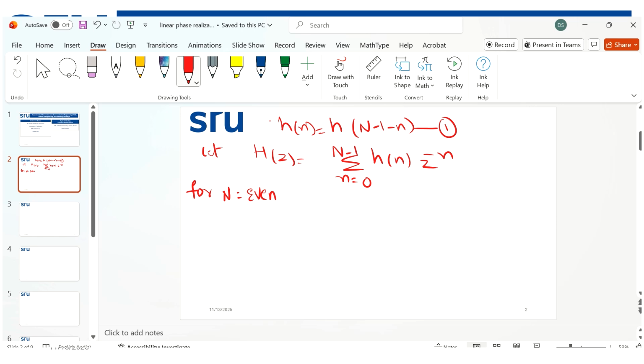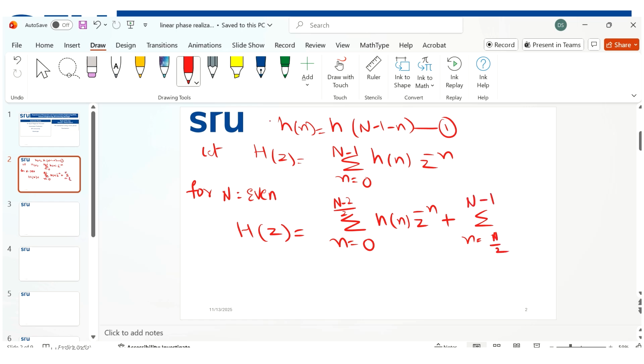Then the above expression I can write as the summation of n equal to 0 to (N minus 2) divided by 2 of h of n into z power minus n, plus the summation of n equal to N by 2 to N minus 1 of h of n into z power minus n.